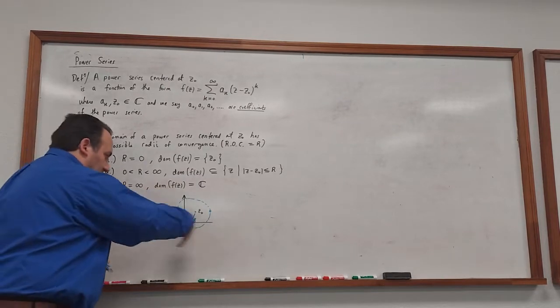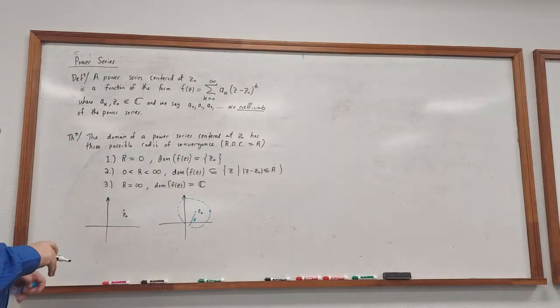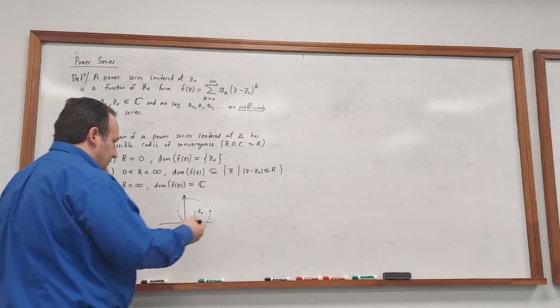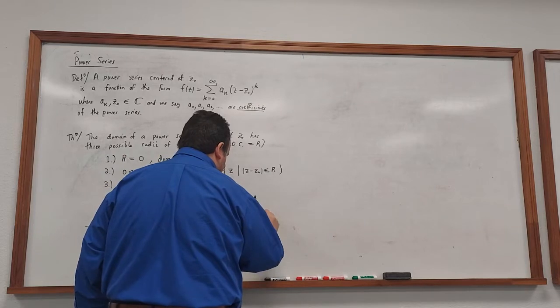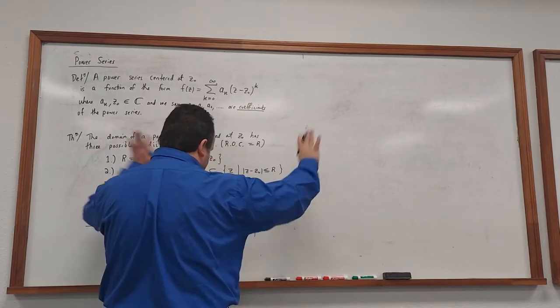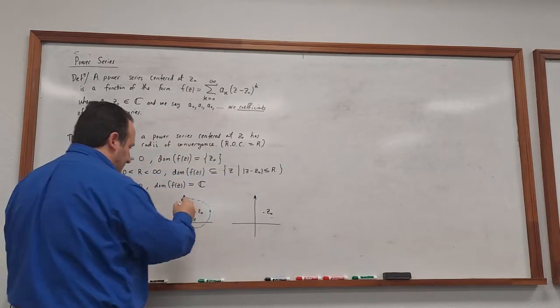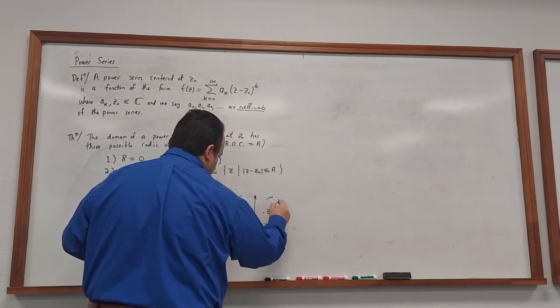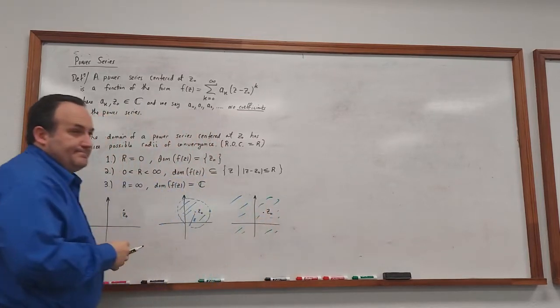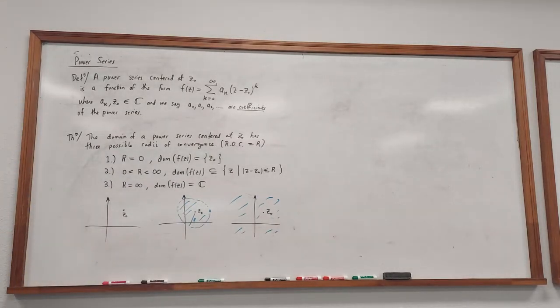You could include the whole disk and the whole edge as well. And then the other case, of course, is that z naught is here, and everything converges everywhere.